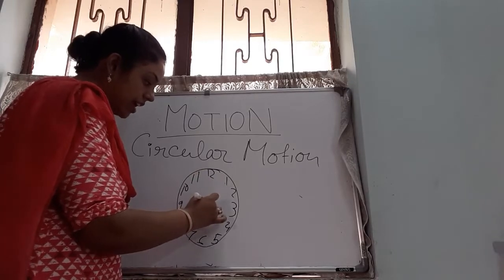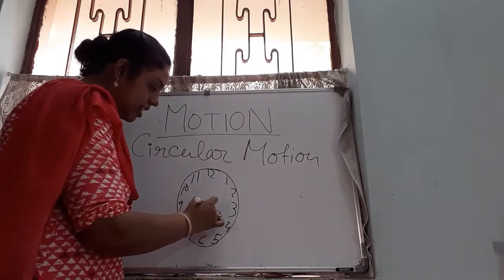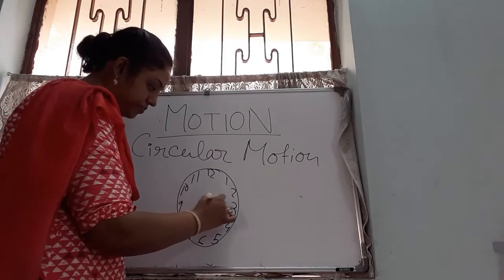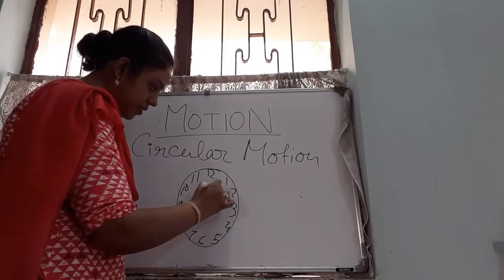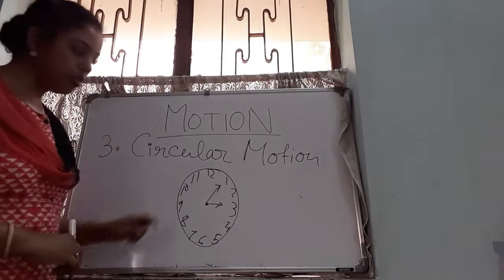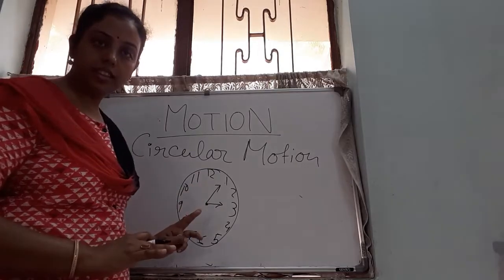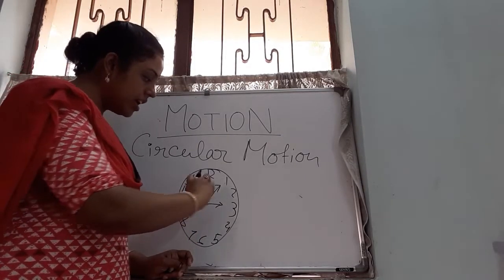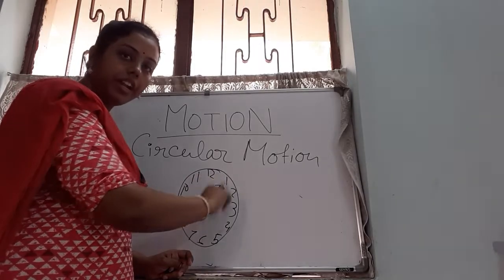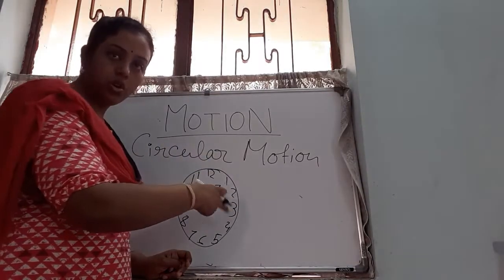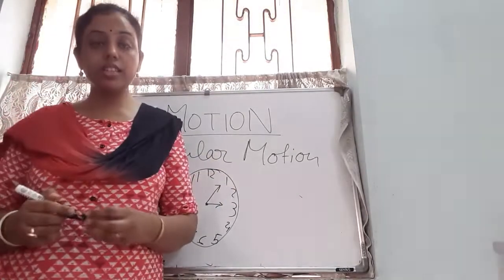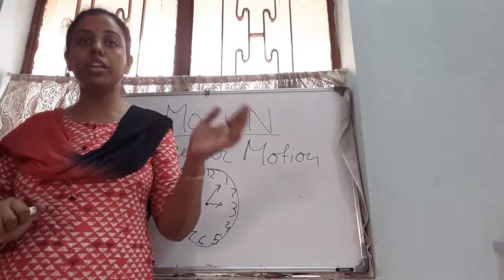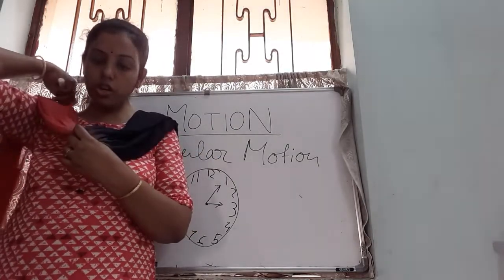So this is the center and the indicators of hour and minute are like this. Centering this point, these indicators are moving around in a circular path. That is called circular motion.